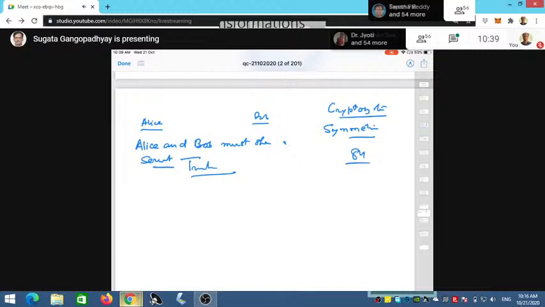And the attacker Oscar is sitting here, and the attacker has access to both the quantum channel and the classical channel. This is the quantum channel. I'll draw the quantum channel with another color. This is a classical channel, and the quantum channel, let us take the red color. This is a quantum channel. Oscar has access to the quantum channel also.